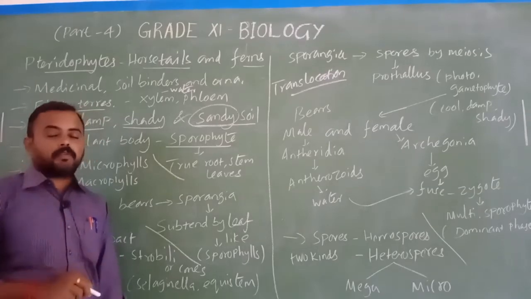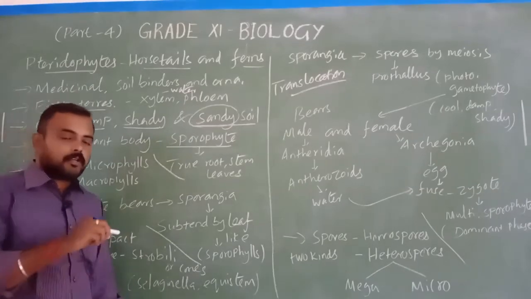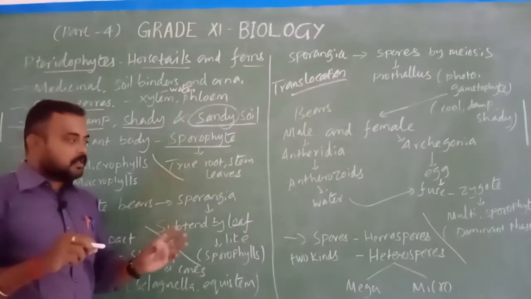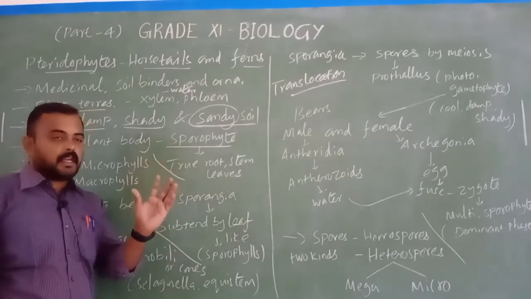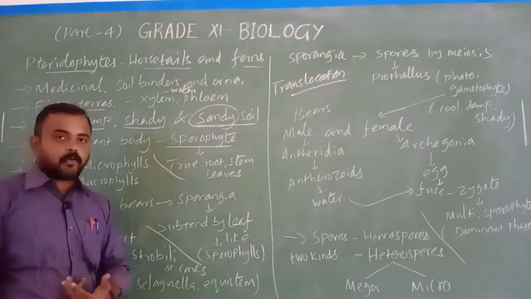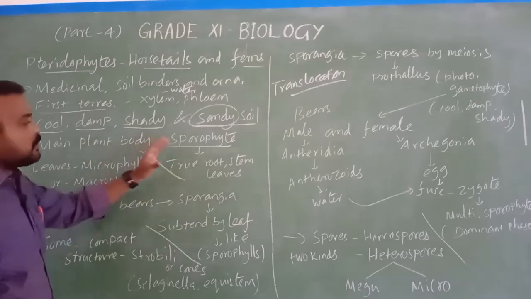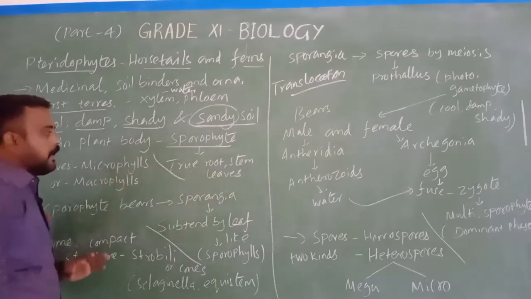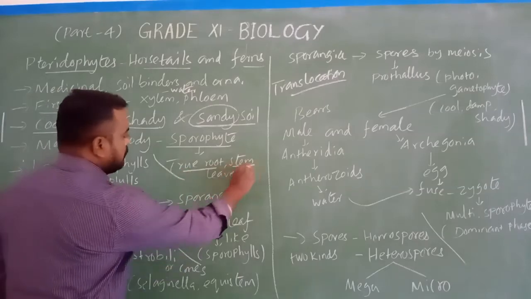In our book we have a diagram, and in the last video I also did that. In the plant body, in the beginning we have the gametophyte, then after that the sporophyte. So here the main plant body is the sporophyte, which consists of true root, stem and leaves.